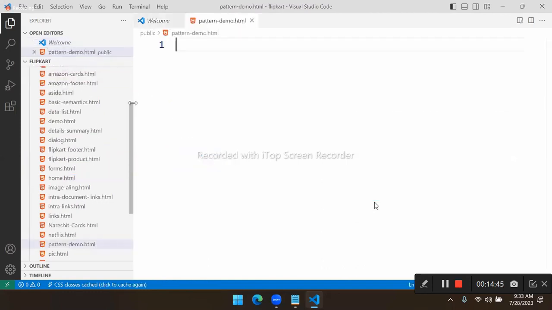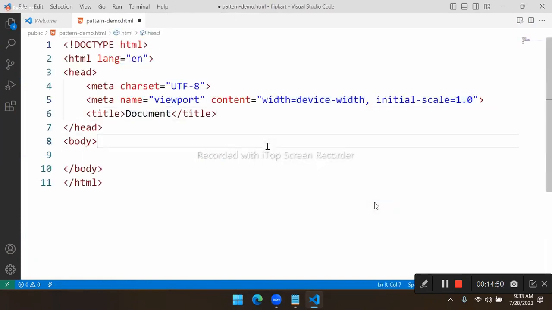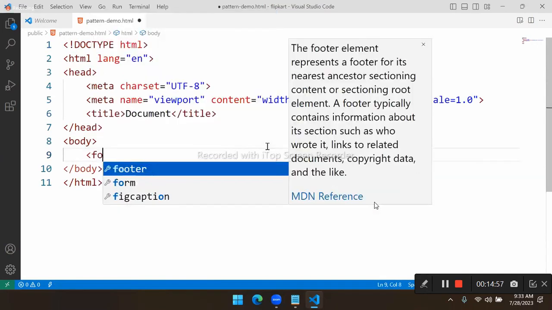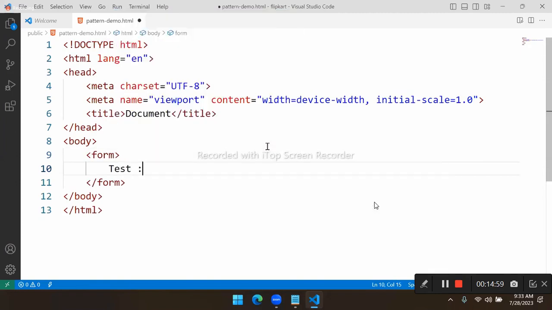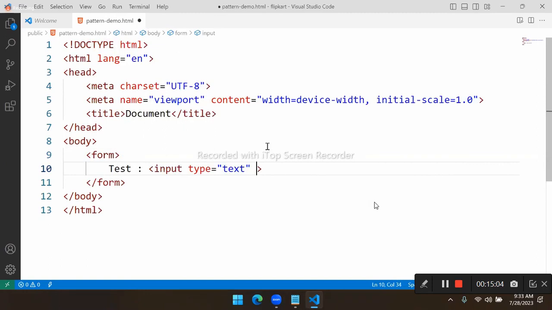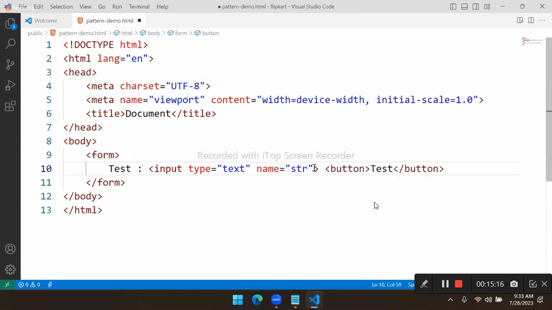And let's create a simple text box. Here I am writing input, we need to keep it in a form, right? We have input type equal to text, and we have a name str, some string I am using, and we put a button as test, or say simply submit.